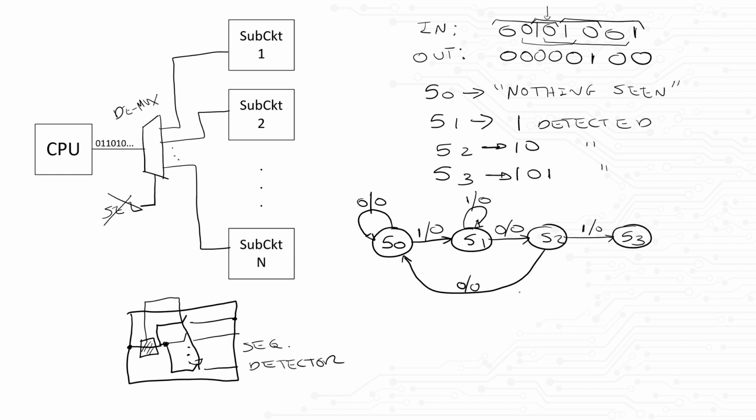Finally, at S3, if we detect a 1, we didn't get the sequence we were looking for, so the output of the FSM will be 0. But the good news is that the 1 we got can be interpreted as the input of our new sequence. So we go to S1 instead of all the way to S0. If at state 3 we get a 0, we complete the sequence and the FSM will output a 1.